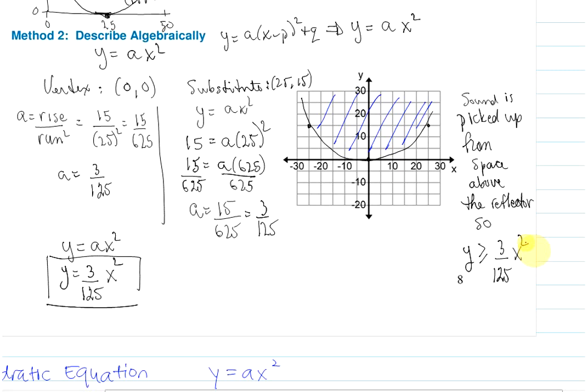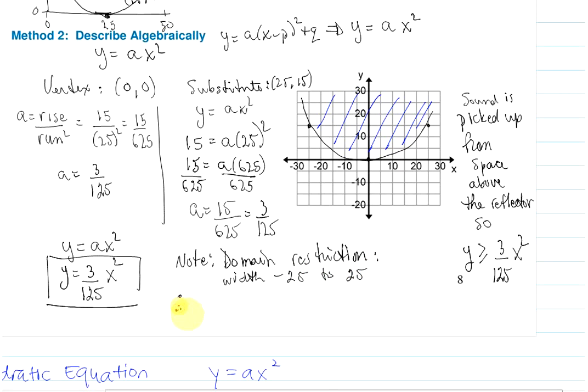Now, the other thing that we will want to consider is a domain restriction. Our parabola is only so wide. It actually goes from -25 to 25.